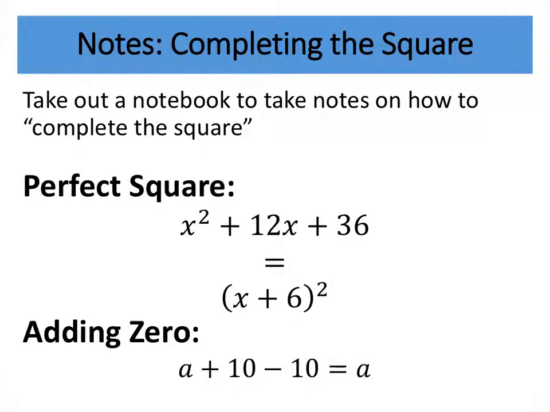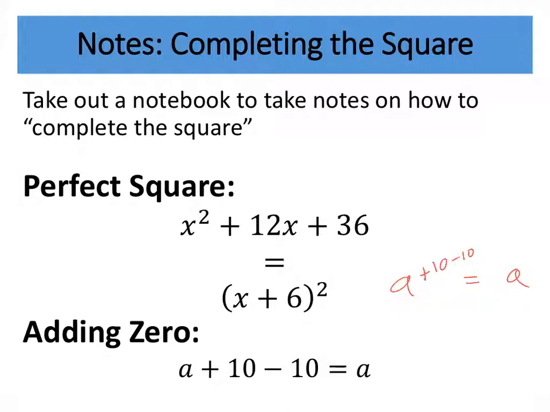So the perfect squared trinomials are a few things that you need to know, and another thing called adding zero. If I'm taking a number a and I want to get a out when I'm done doing some things to it, I can always add a number so long as I take it away again.